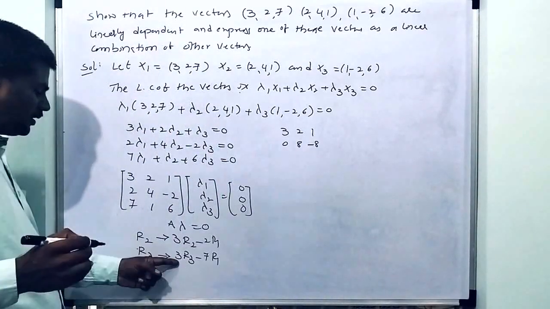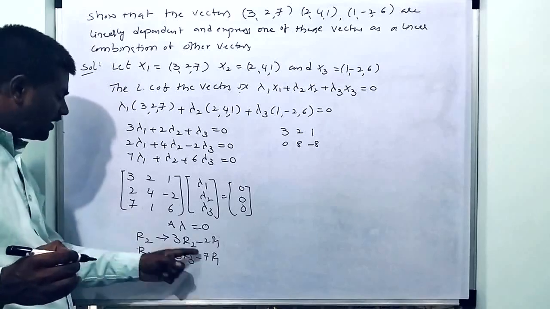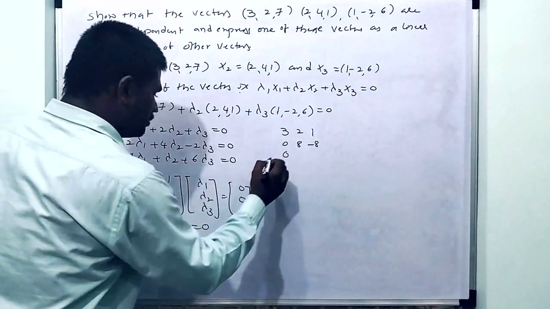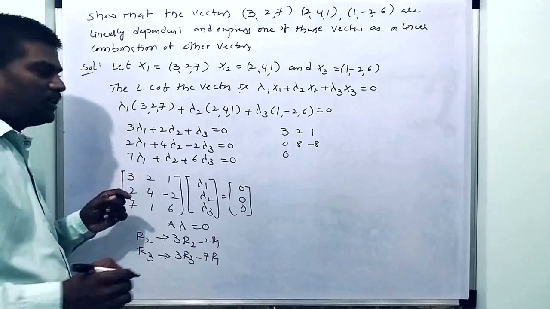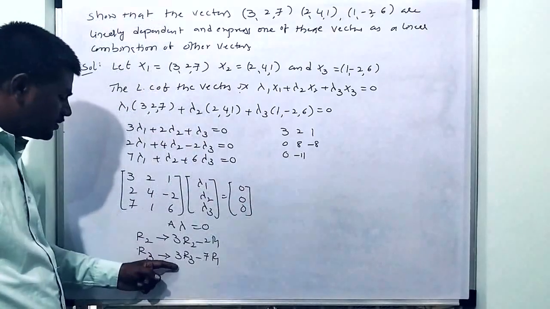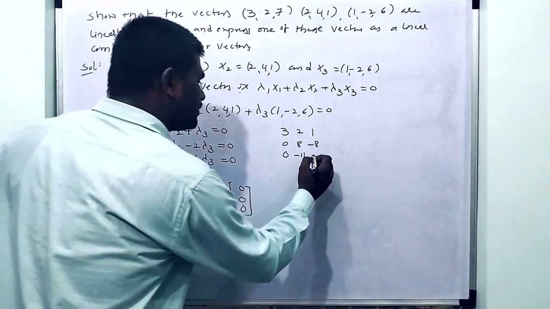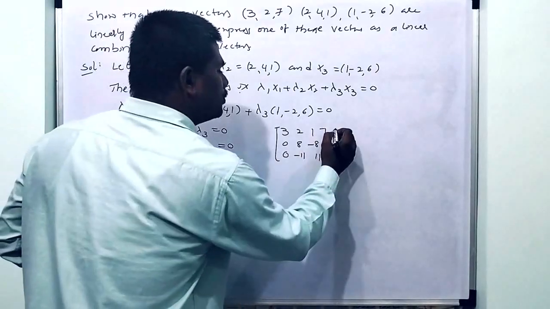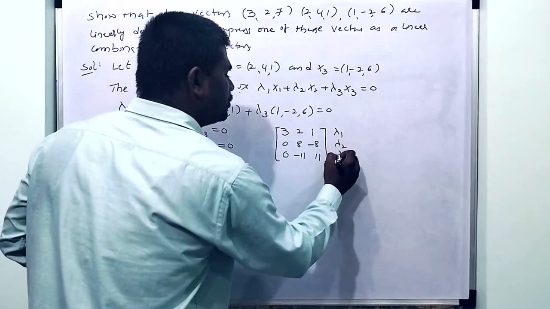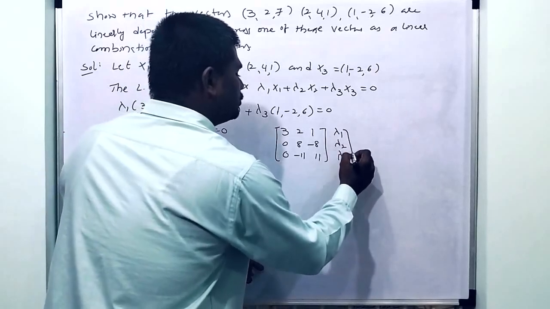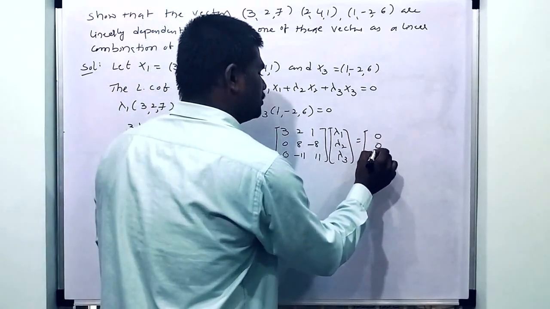Similarly 3 sevens are 21 minus 21 which is 0, 3 minus 14 is minus 11, and 6 threes are 18 minus 7 is 11, into lambda 1, lambda 2, lambda 3 equal to 0, 0, 0.